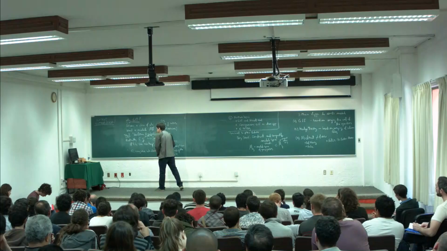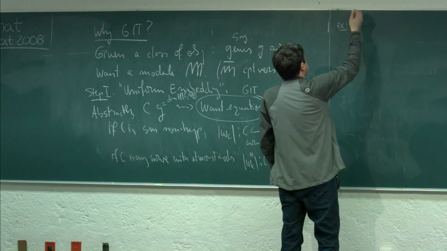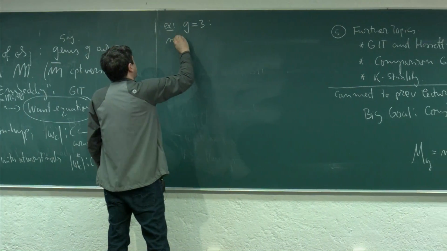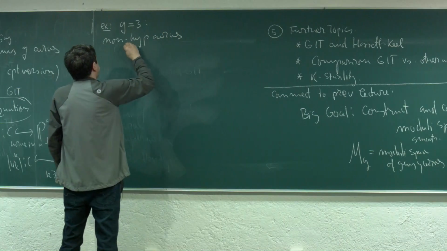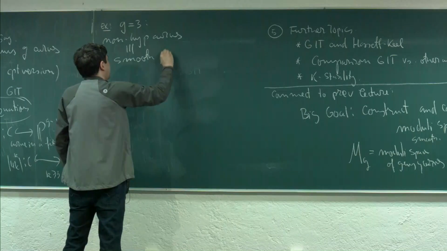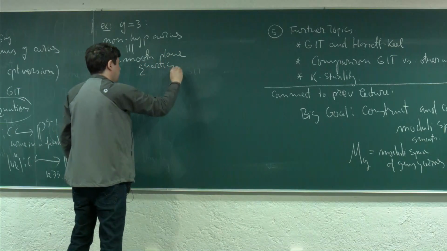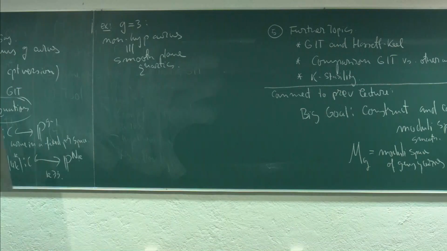Which is good, because now, for example, this is what was discussed. If I'm in genus 3, the non-hyperelliptic curves are the same thing as smooth plane quartics. Now, of course, if I want to cover all the curves and so on, I will have to go to a higher embedding.